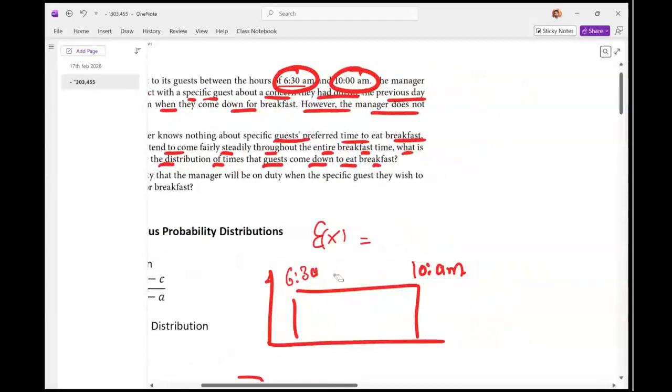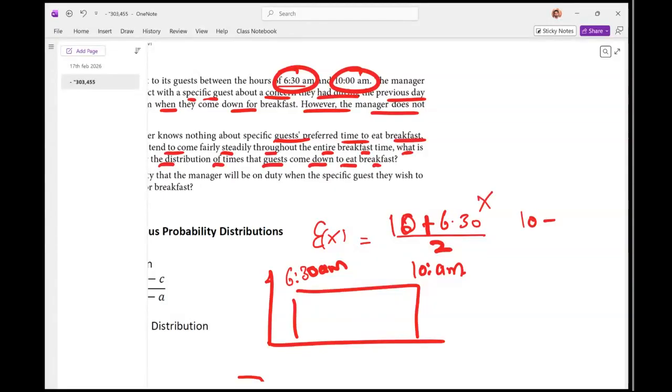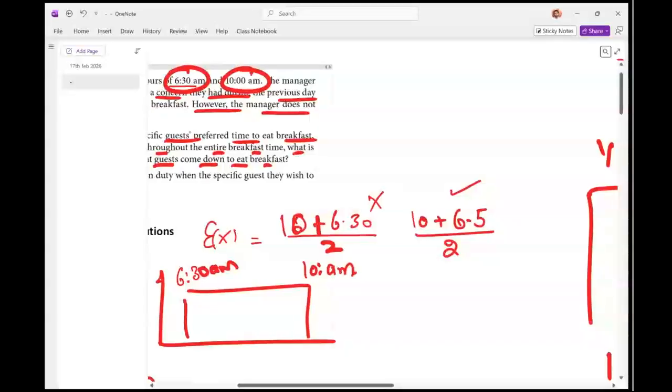Here it is written as 6:30 a.m. I just cannot put it as 10 minus 6:30. We cannot subtract or add a math value with the time, so this will be wrong. So 10 plus 6.5, divided by 2. This will be the correct way of writing it, and that's going to give you 8.25.